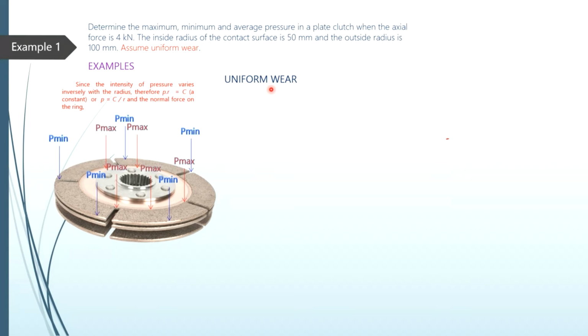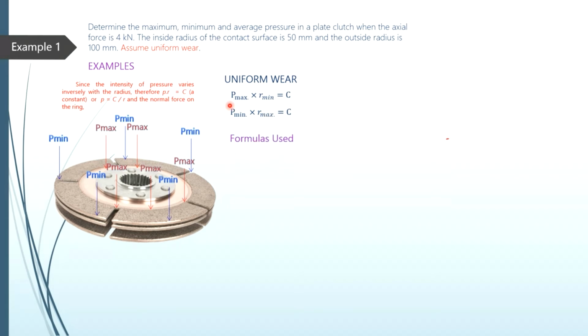Based on uniform wear, P max multiplied by R min equals C. The product of maximum pressure and minimum radius is equal to the constant C. So if you want to find maximum pressure, make sure you use the minimum radius or the inner radius, not the outer radius. If you want to find minimum pressure, then you have to use the maximum radius.